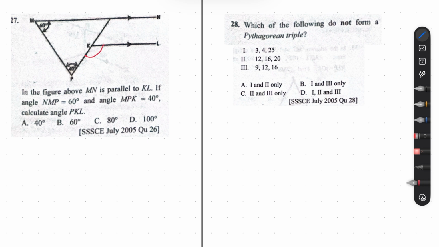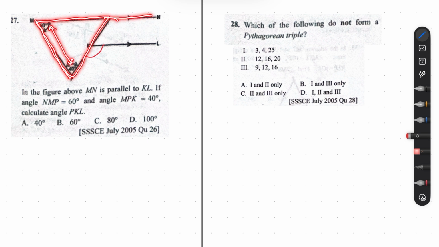Now, when you look at this, it is a triangle, right? And we know from our rules that when you have a triangle, the sum of the two interior angles is equal to the opposite exterior angle.